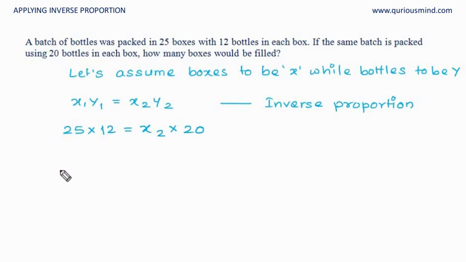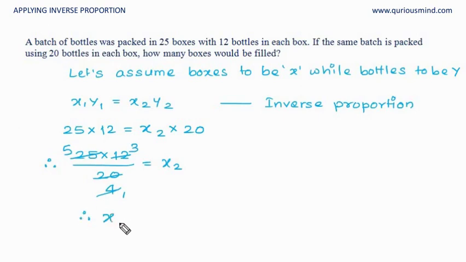Now 20 goes that side, divides, and therefore 25 into 12 upon 20 is equal to X2. 5 4s are 20, 5 5s are 25. 4 1s are 4, 4 3s are 12, 5 3s are 15, and therefore X2 is equal to 15.